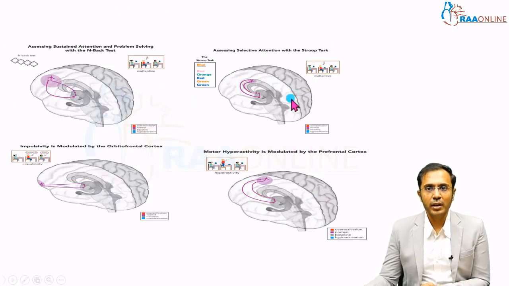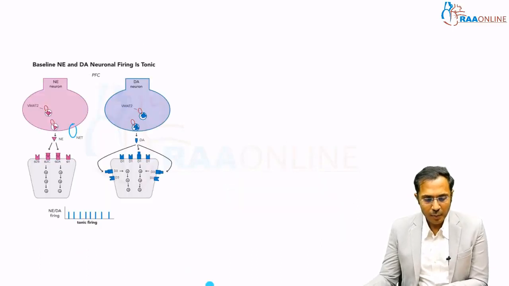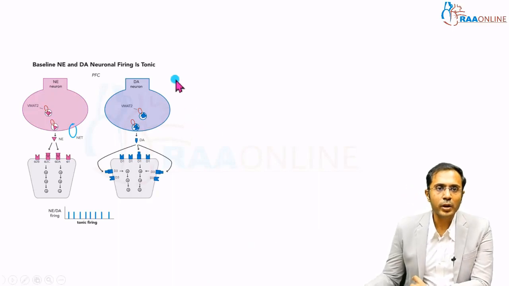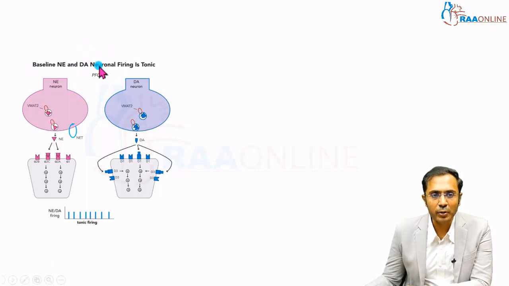This is a dysfunctional circuit in inattention, a dysfunctional circuit in impulsivity, and a dysfunctional circuit in hyperactivity. So what is the dysfunction in this circuit? Basically, low tonic firing of dopamine and norepinephrine neurons in this frontostriatal circuit causes the symptoms of ADHD.